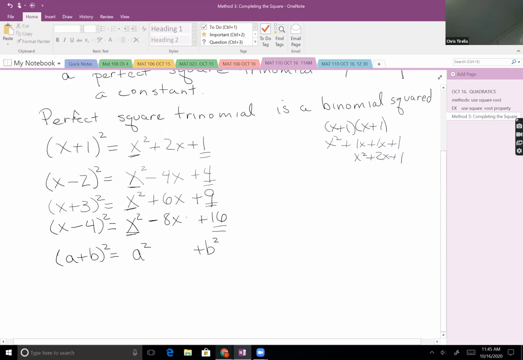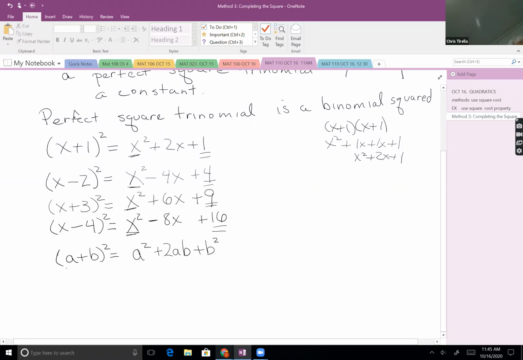This negative 8x, isn't that double minus 4 times x? This positive 6x, isn't it double 3 times x? This negative 4x, isn't it double negative 2 times x? This 2x, isn't it double 1 times x? And so doesn't that term turn out to be 2ab?